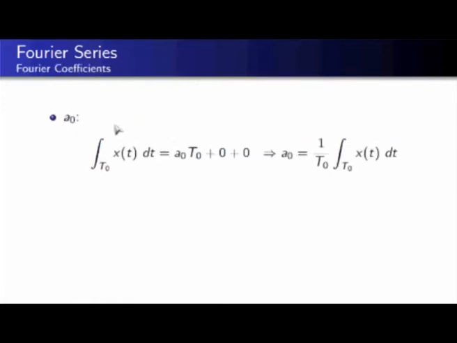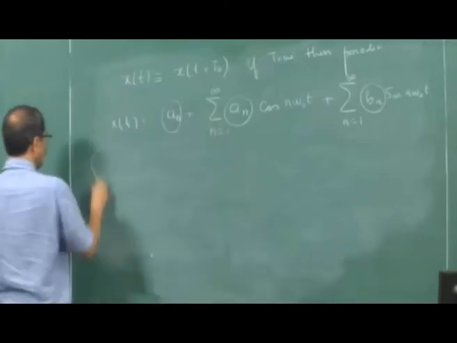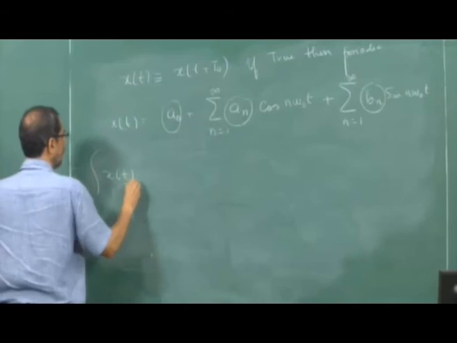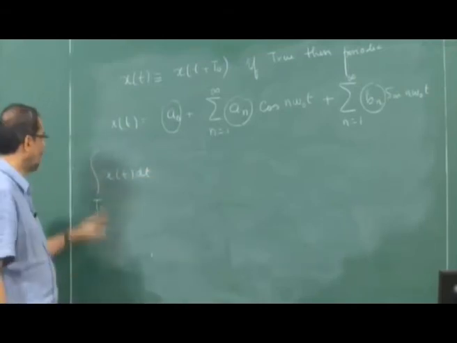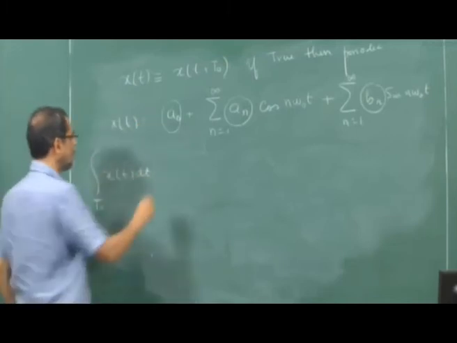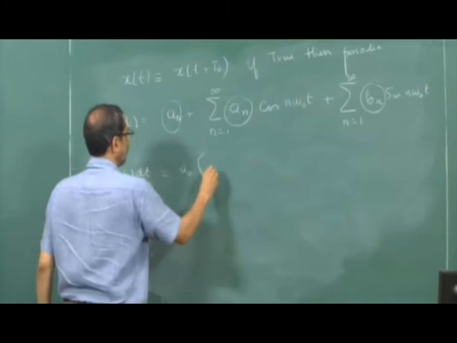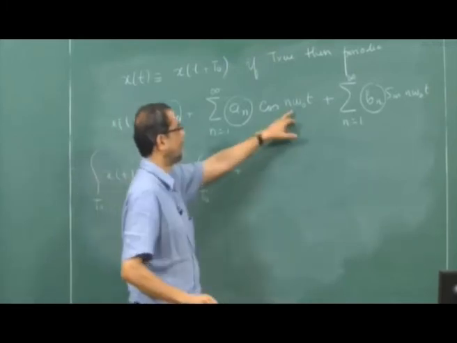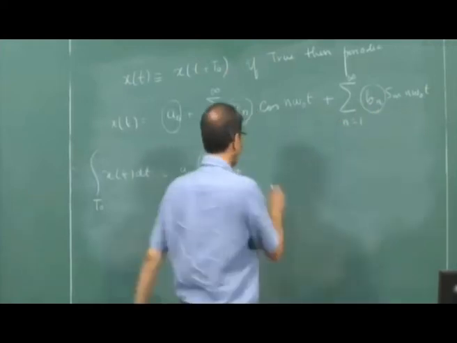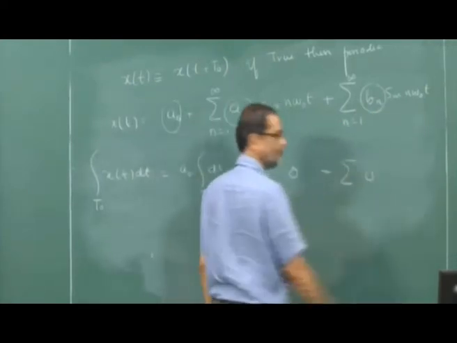You can now show that if you integrate on both sides, if you perform x of t dt over one period, which I will denote as T naught, and do the integration, this will be a naught dt over T naught. The cosine sum will integrate to 0, the sine sum will integrate to 0. So I will get a summation of 0 plus a summation of 0.